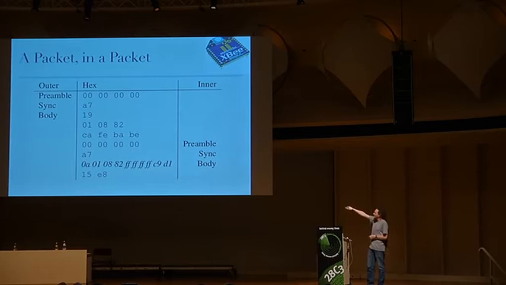We actually found a typo in this. The 0A should be a 09. But in any case, if you send this string across, then most of the time, you'll get the full packet.